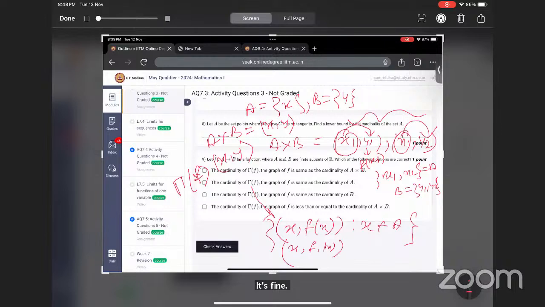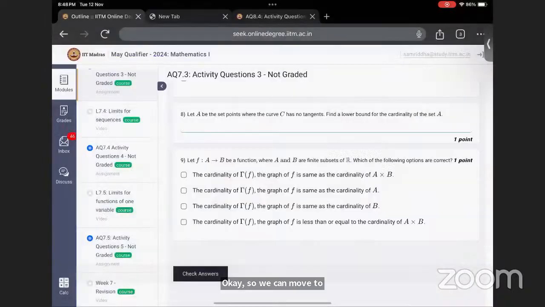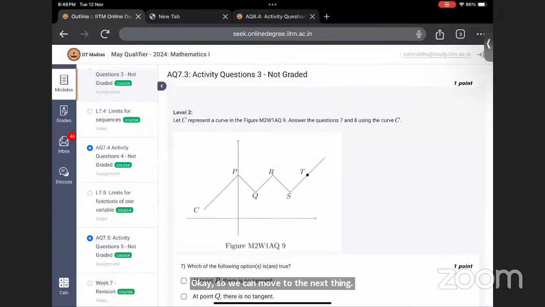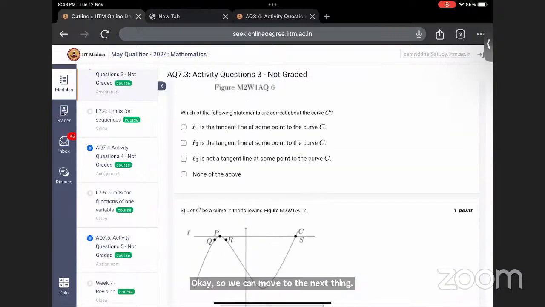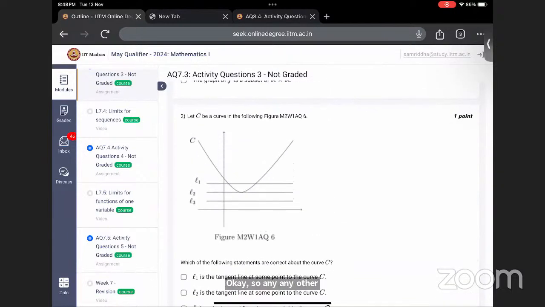So these things are fine for everyone. Yes, yes, ma'am. Okay. So we can move to the next thing. Okay. So any other doubt? Or you're finding some difficulty to understand the question or something like that?